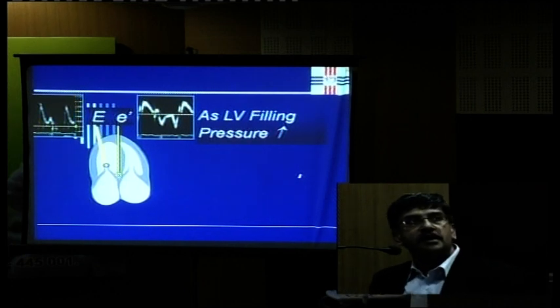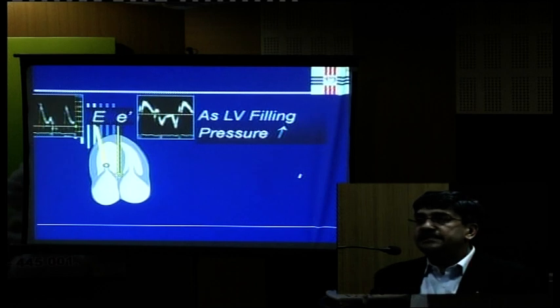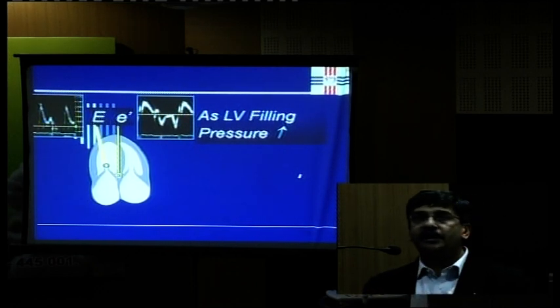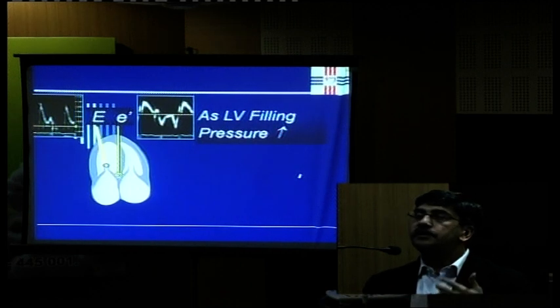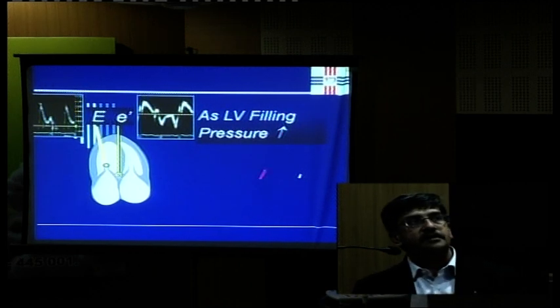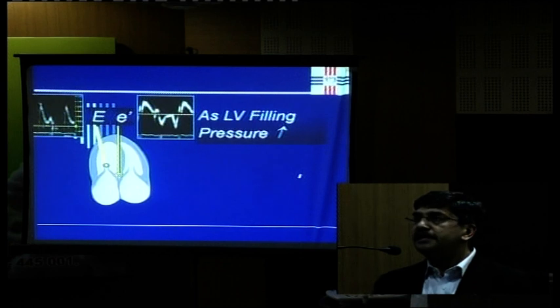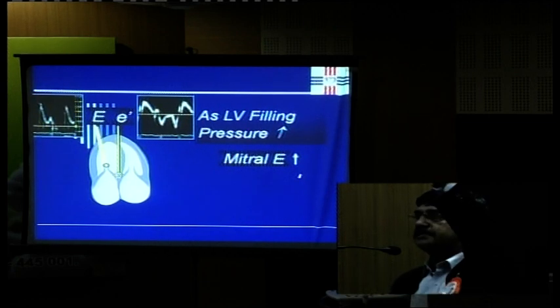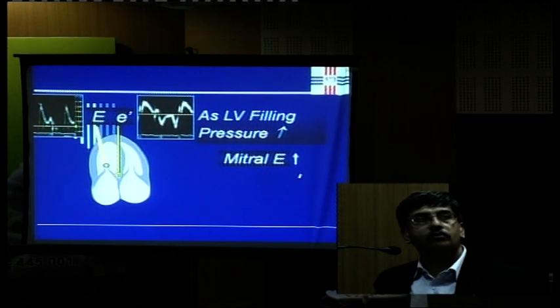E by E prime, as the LV filling pressure increases, that means what? As the patient is developing pulmonary edema, or if his left heart is failing, his pressure inside increases, the mitral E wave increases, velocity of flow across the mitral valve increases, but tissue movement decreases.